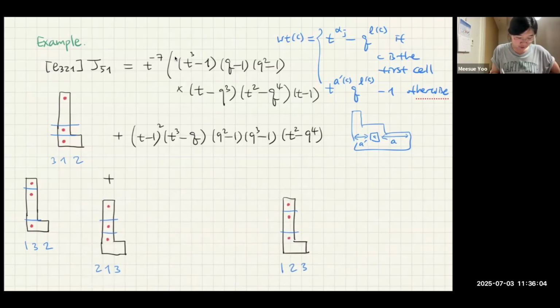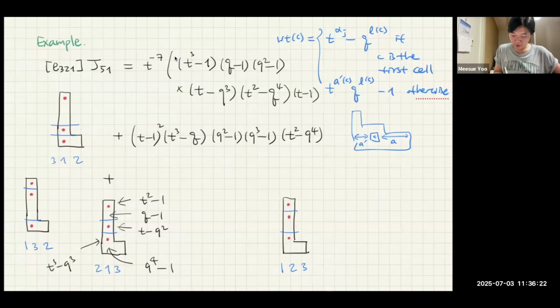So the weight of this cell here is t squared minus 1. This is q minus 1. This is t minus q squared. This is t cubed minus q cubed. This is q to the 4 minus 1. This is t minus 1.